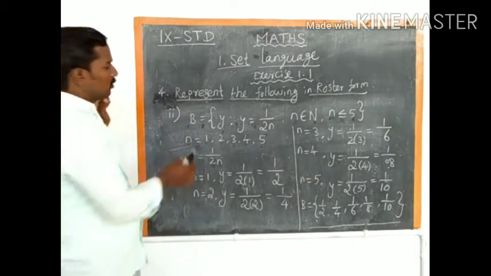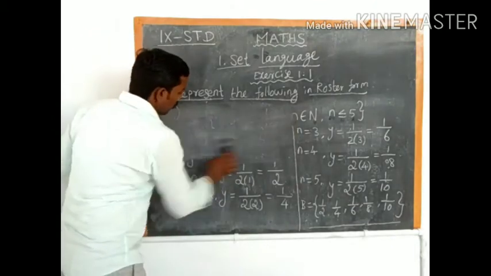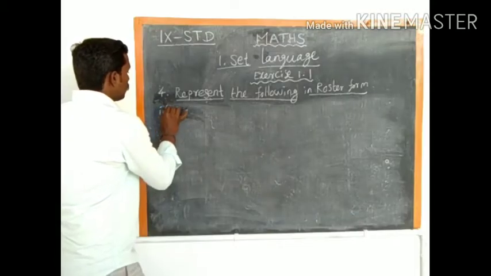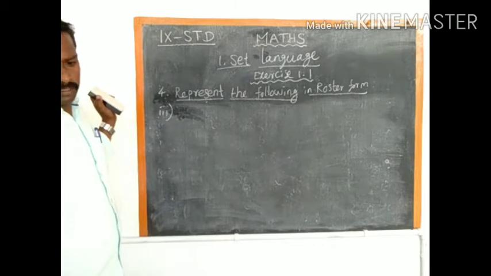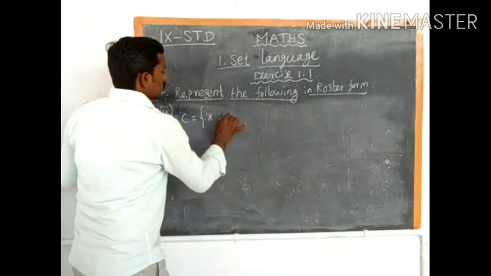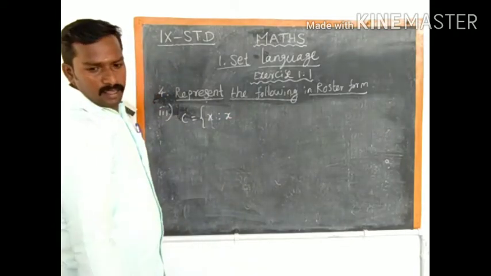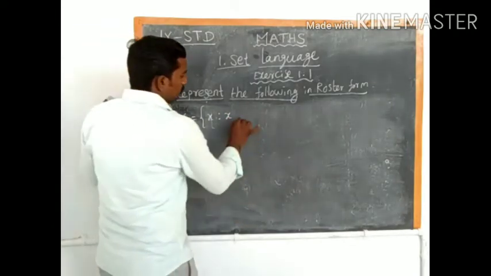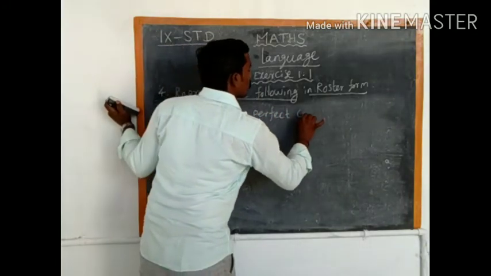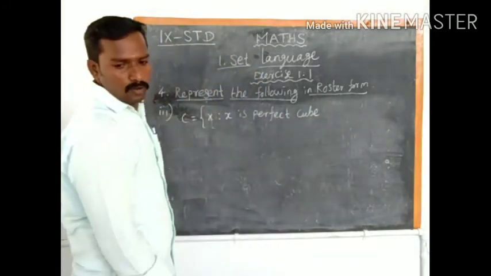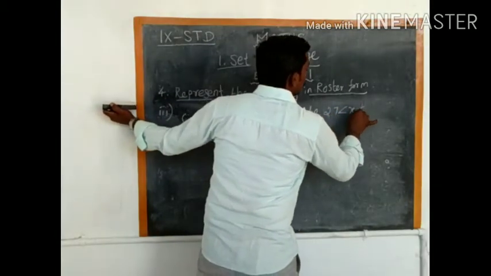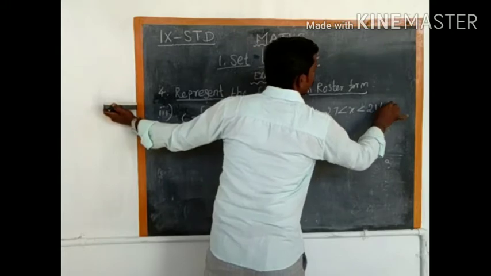Have you understood? Okay. Next we are going to discuss the third question. The third subdivision. The question is the set C defined by x such that x is a perfect cube lying between 27 less than x less than 216.